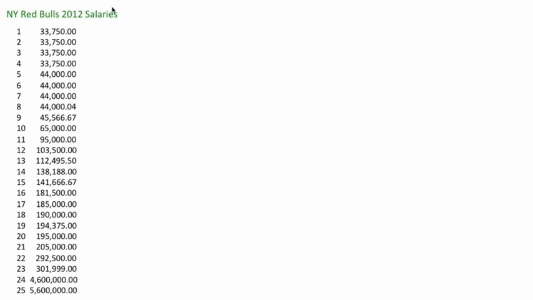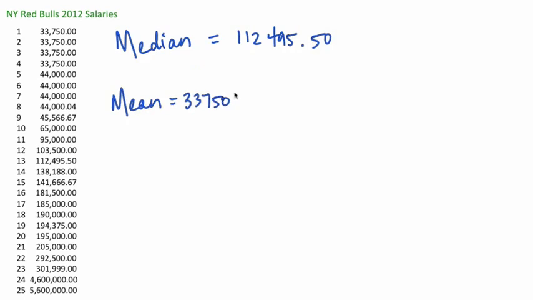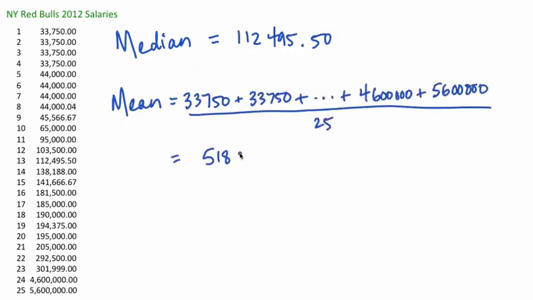Let's do some calculations. Since there are 25 salaries, the median is the 13th value in the ordered salaries, which is about $112,000. For the mean, we sum the salaries and divide by 25 to get approximately $518,000. We can see that the mean is much larger than the median because it is influenced by the large salaries of Marquez and Henry.